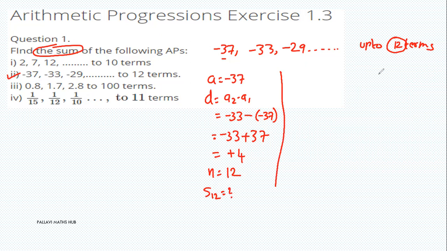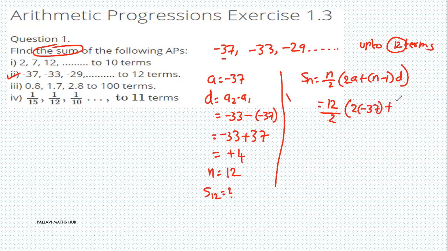Now the formula is Sn is equal to N by 2 into 2A plus N minus 1 into D. Now substitute the value of N is 12 by 2 into 2 into the value of A is minus 37 plus the value of N is 12 minus 1 into the value of D is 4. I'm just substituting the values to the formula.